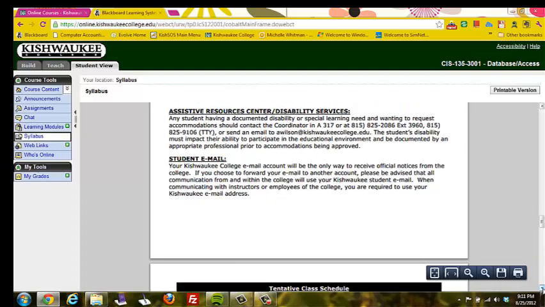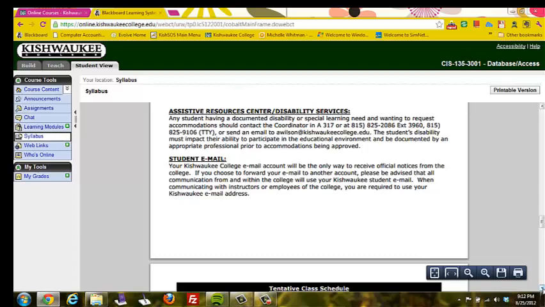Assistive Resources Center, Disability Services: any student having a documented disability or special learning need and wanting to request accommodation should contact Ann Wilson in room A317. Just so you know, that would be any disability that would impact their ability to participate in this environment, and we will work with you.